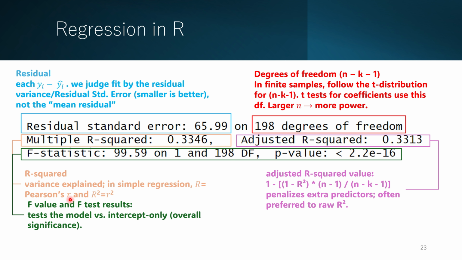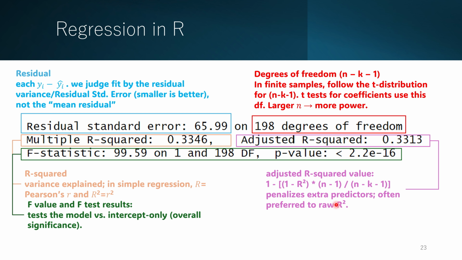And this is the R square, the proportion of variance explained. In simple regression, R square is here, like this: Pearson's R squared is R square. And this purple area is the adjusted R square value.